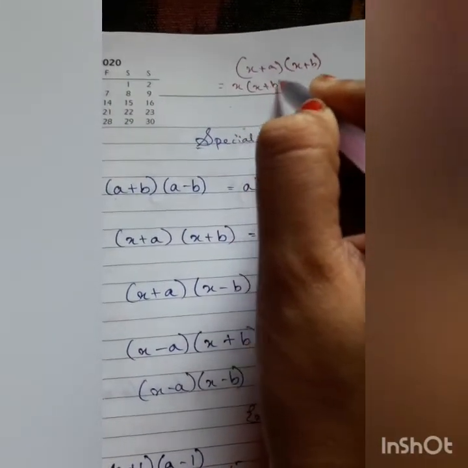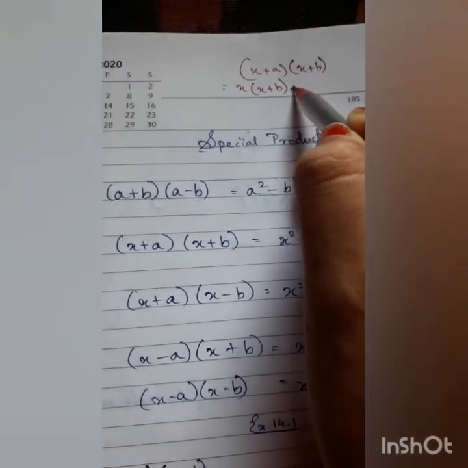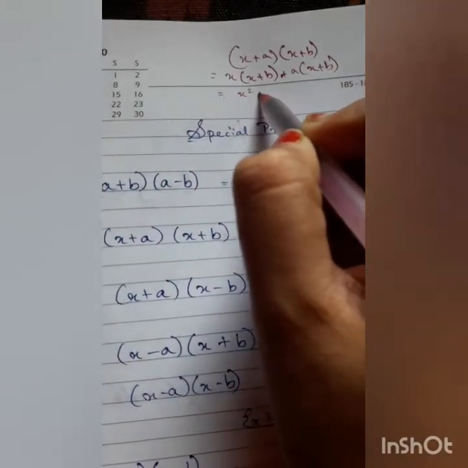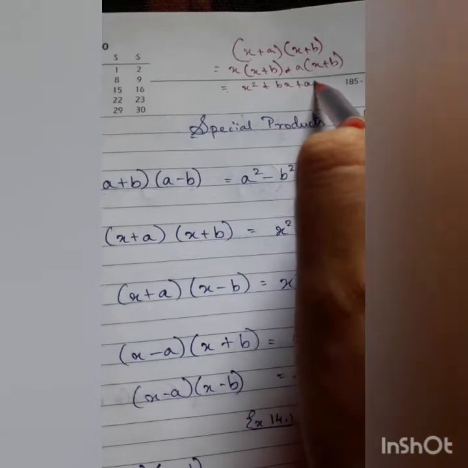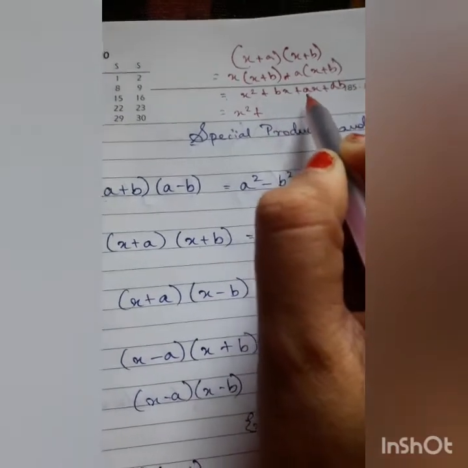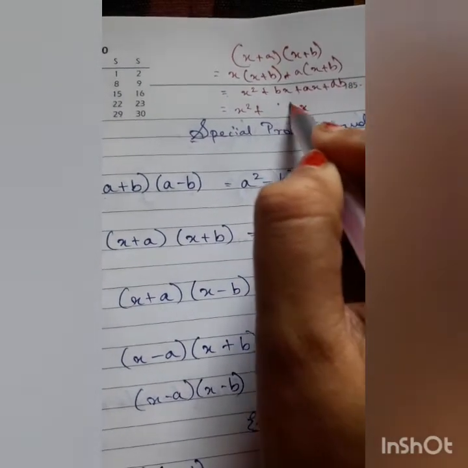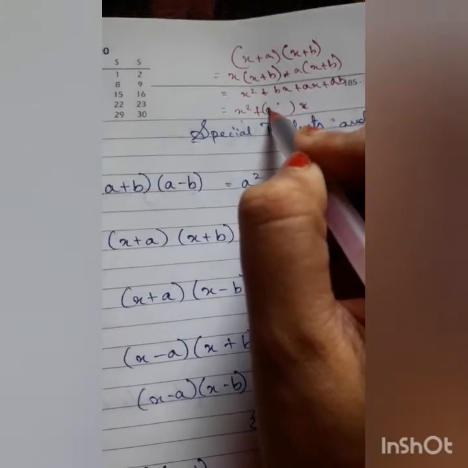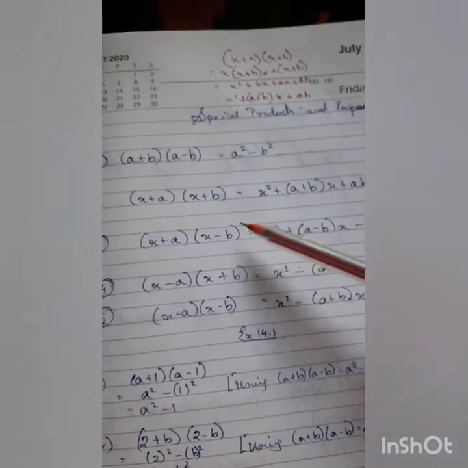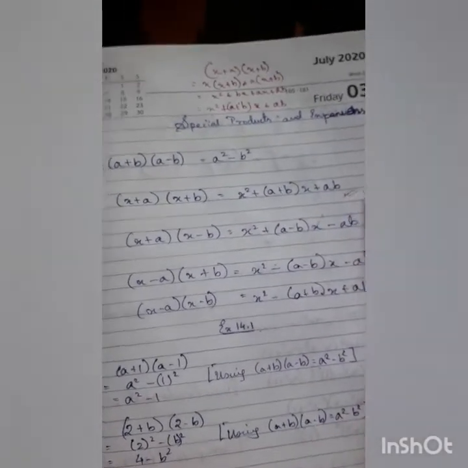We get it like this: x into (x plus b) plus a into (x plus b), which is equal to x square plus bx plus ax plus ab, which is equal to x square plus, taking x as common and writing it this side, (b plus a), and a plus b and b plus a are both the same, so (a plus b) whole into x plus ab. This is how we are getting this. Now these formulas are coming from this only. So you can remember only number 2 and you will get all the remaining formulas.